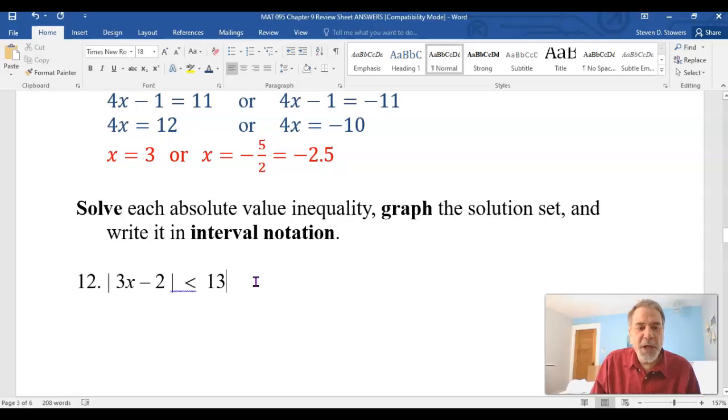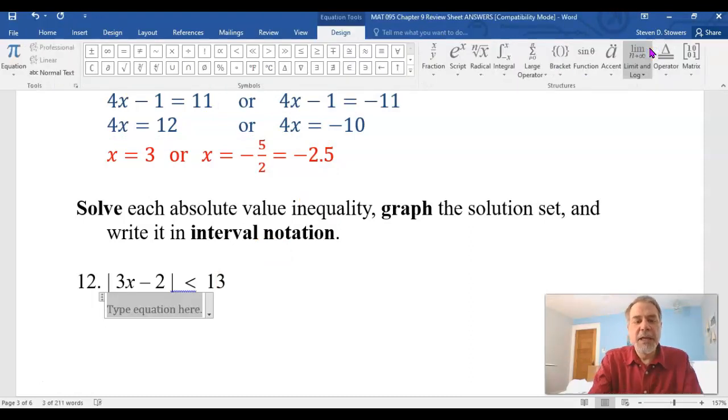And problem number 12 is the absolute value of 3x minus 2 is less than 13. So you have to remember what to do when you have the absolute value of some expression less than some number. The rule is you take the expression and you write it between negative and positive that number.